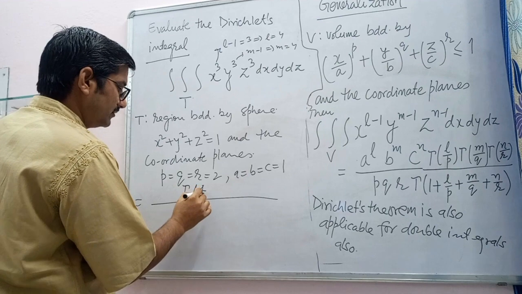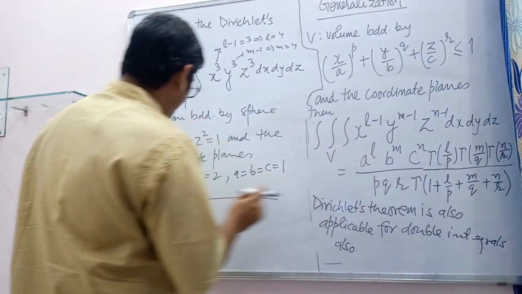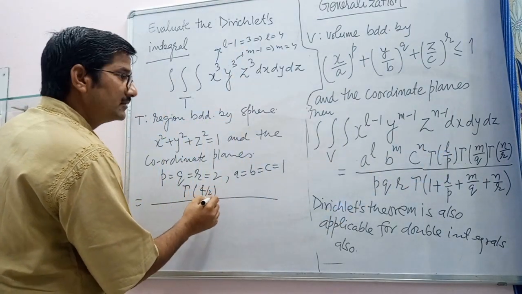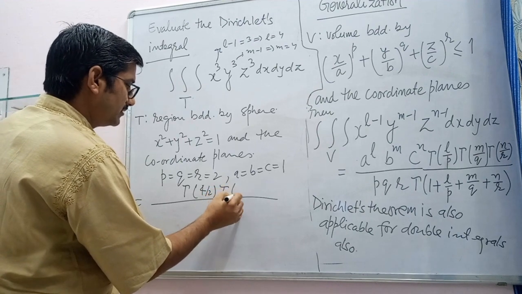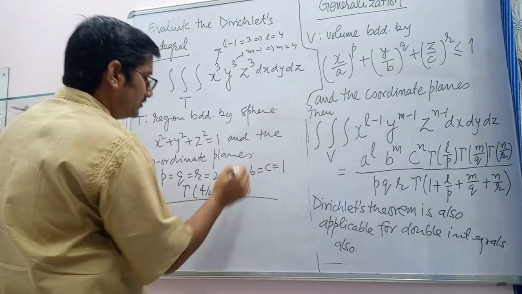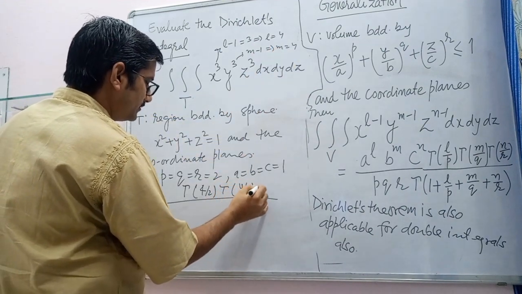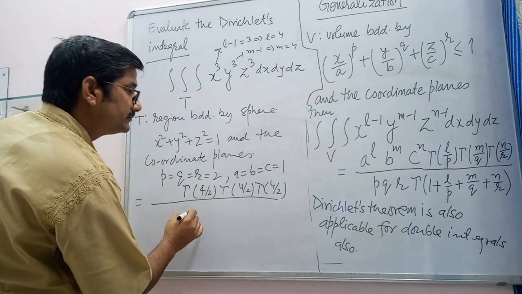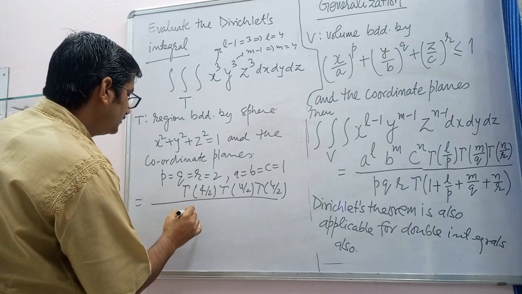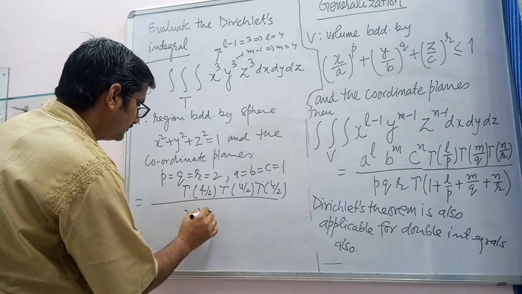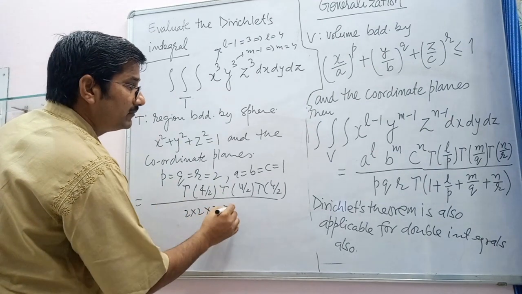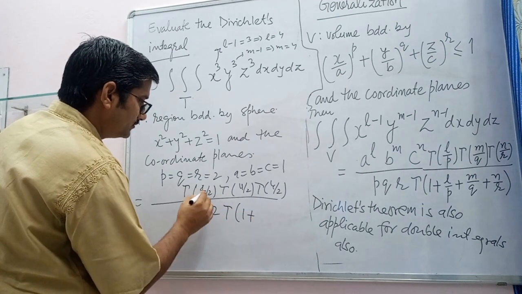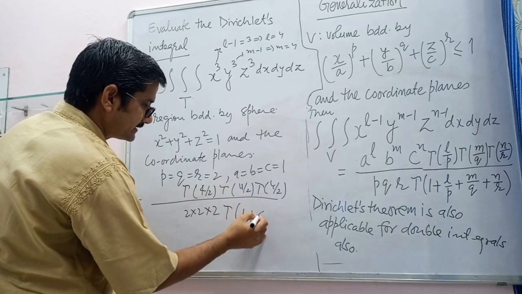So gamma 4 upon 2, p is 2, and similarly gamma m, m is 4, upon 2, gamma 4 upon 2, upon pqr, so 2 into 2 into 2, gamma (1 plus 2 plus 2 plus 2), means 6.